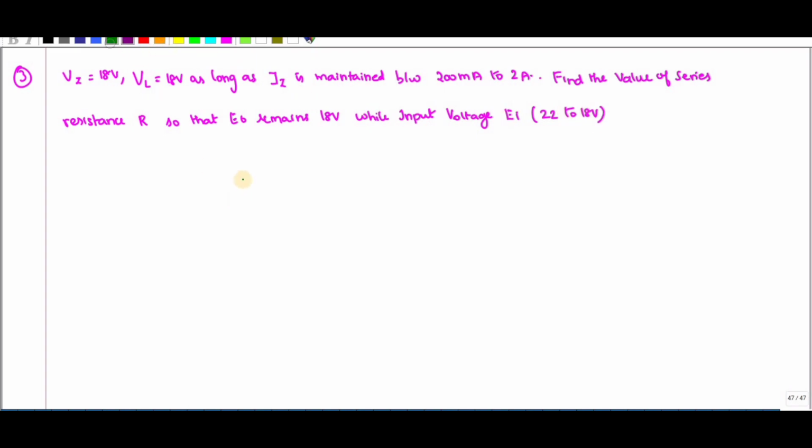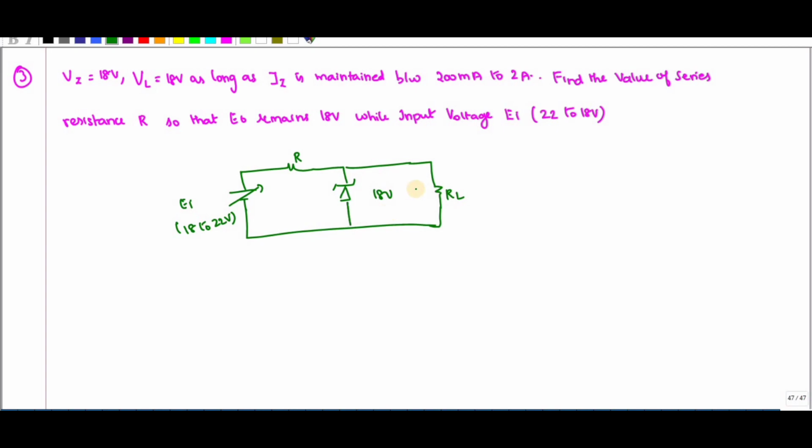So this is your circuit diagram. This is your EI, which is varying from 18 to 22 volt, and this is your series resistance. The Zener diode value is 18 volt, and this is your RL, and the output is also 18 volt.